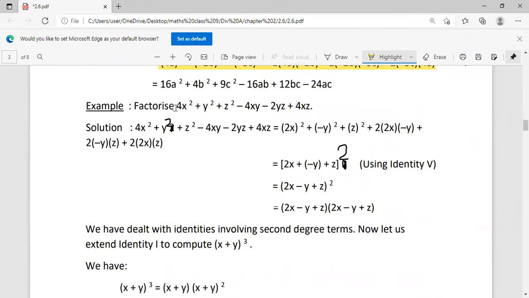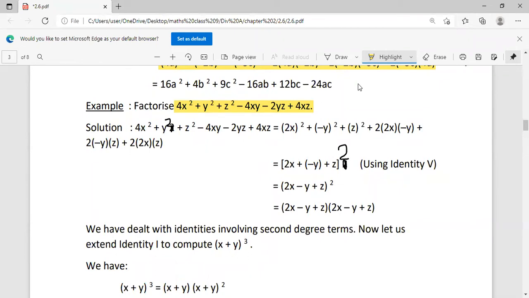See here, you have to factorize 4x squared plus y squared plus z squared minus 4xy minus 2yz plus 4xz. First of all, in your exam, when you are given a polynomial to factorize, first look for whether there is any common factor.